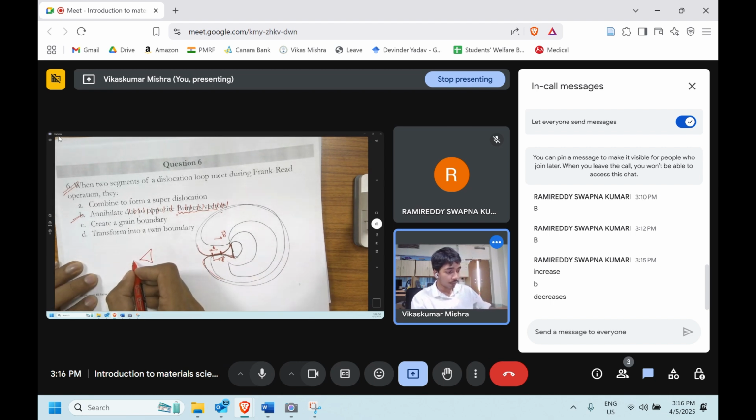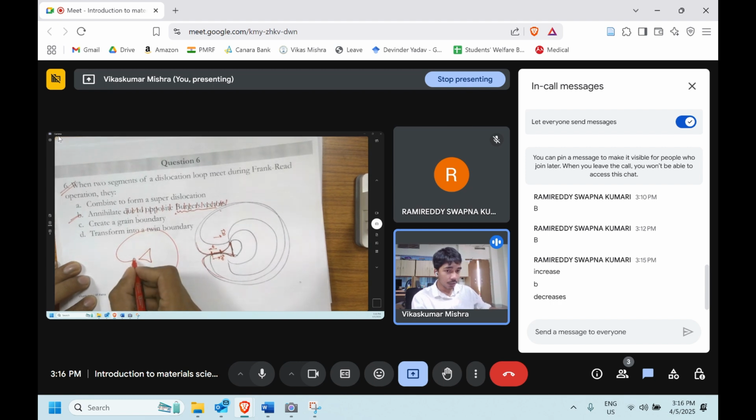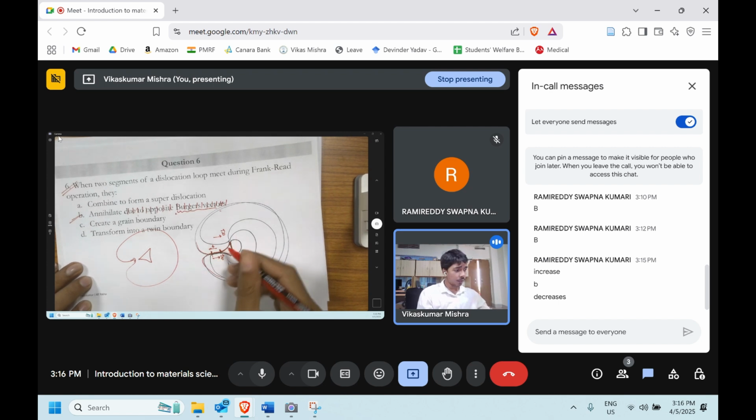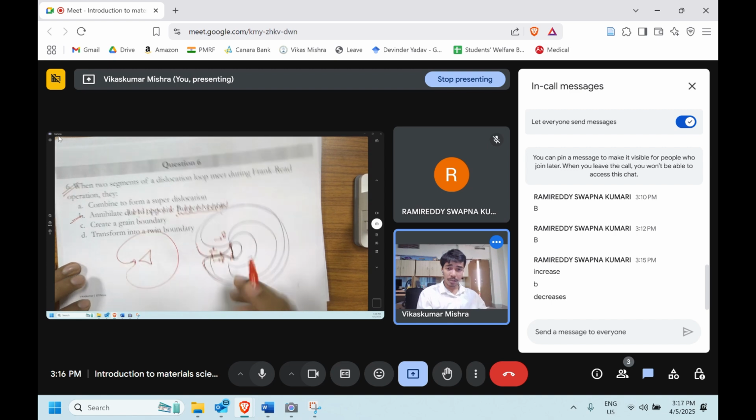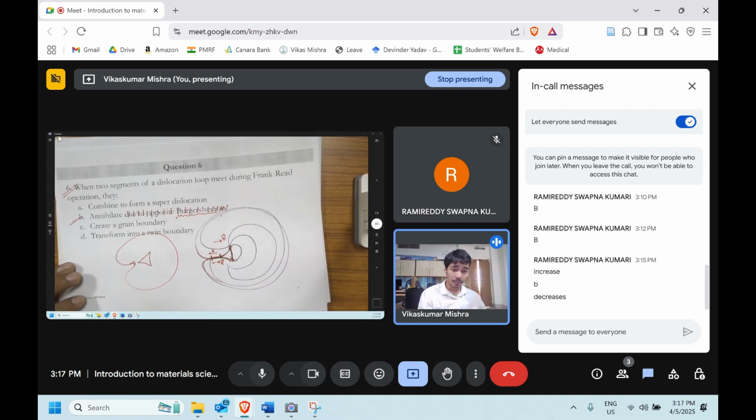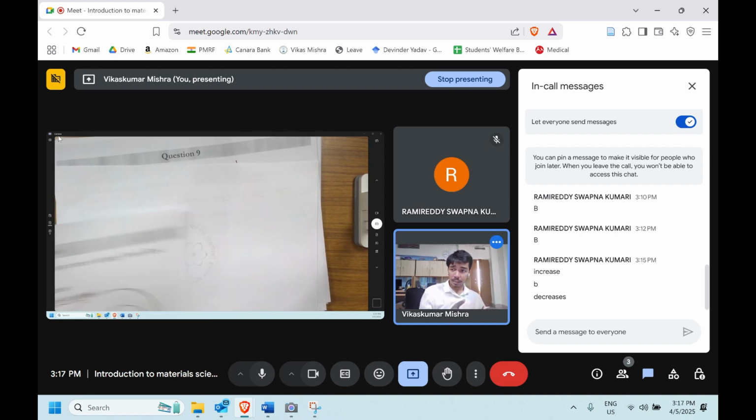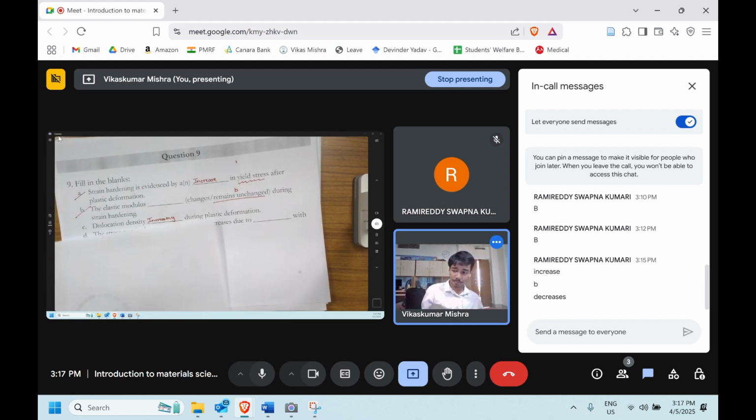This is one part and this is another part, where both of them are again going to move. So due to the presence of the Frank-Read source, the dislocation density during the plastic deformation will keep on growing. It's not that you deform the material and the dislocation density is decreasing. Okay. Let's move ahead.